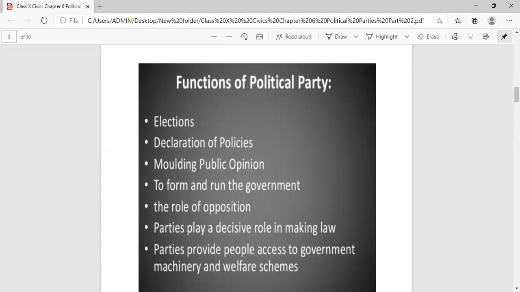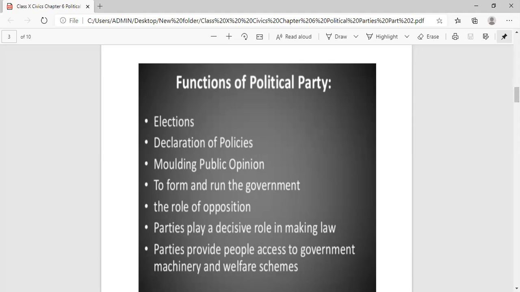The next is the role of opposition. Political parties which lose in the election form the opposition. The opposition party can question the ruling party. The opposition party criticizes the government for its wrong policies and keeps it under check. The opposition party also ensures that the ruling party does not misuse its power.